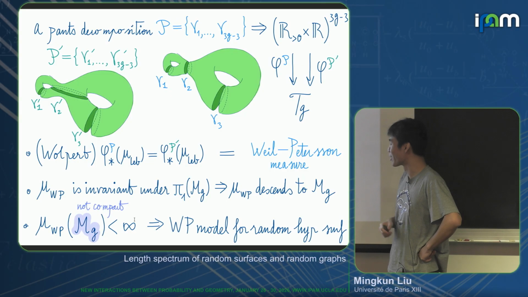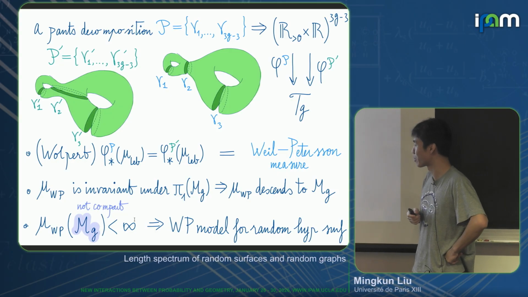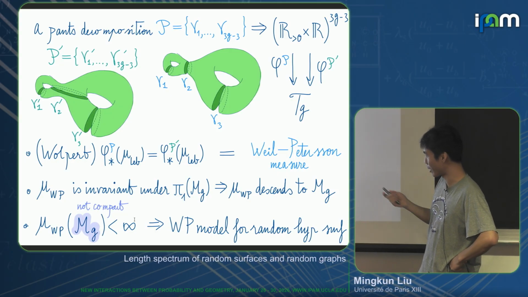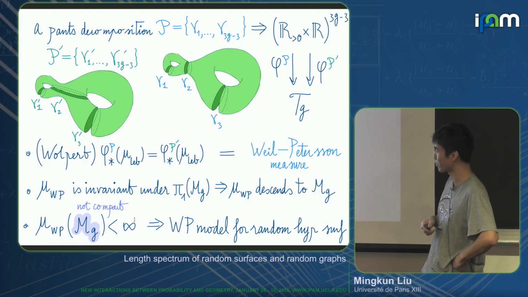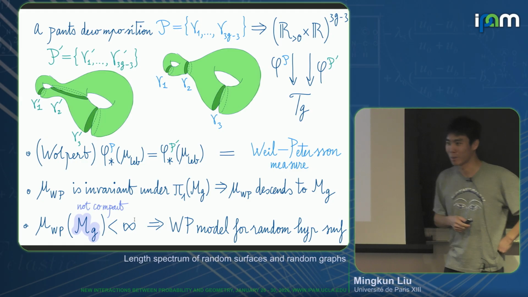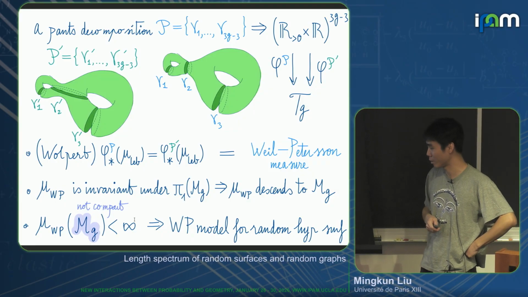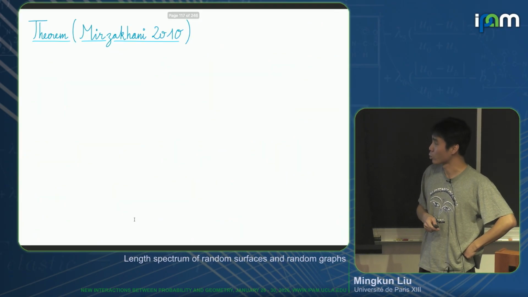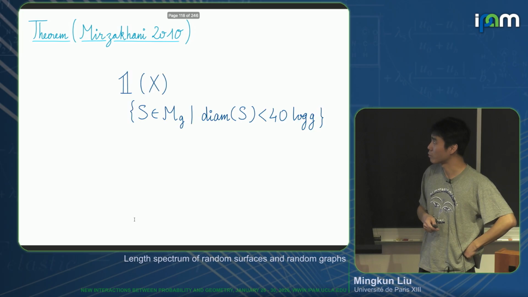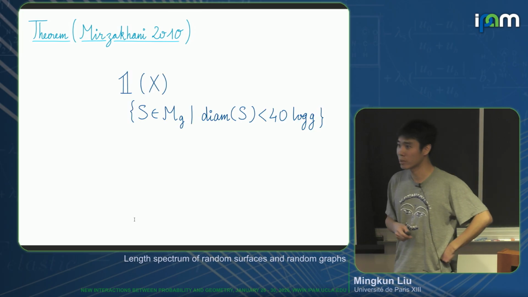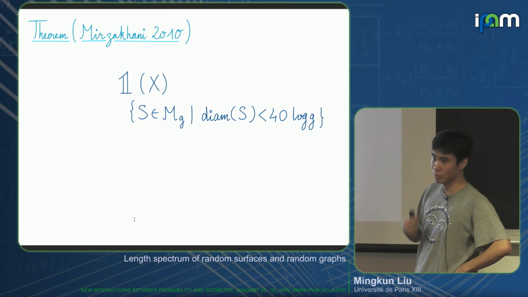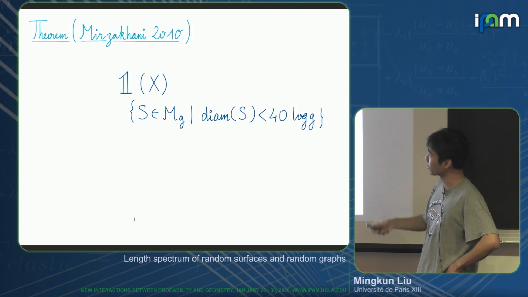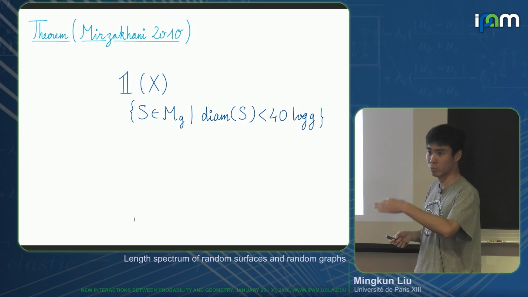So now we get a well-defined probability measure, called the Weil-Petersson measure, on the moduli space of hyperbolic surfaces, and this is our model. We can now pick a random hyperbolic surface. Using this language, I can restate the theorem of Mingkun about the diameter. You take the indicator function on the moduli space. It takes values at x, where x is a point on the moduli space which represents a hyperbolic structure.